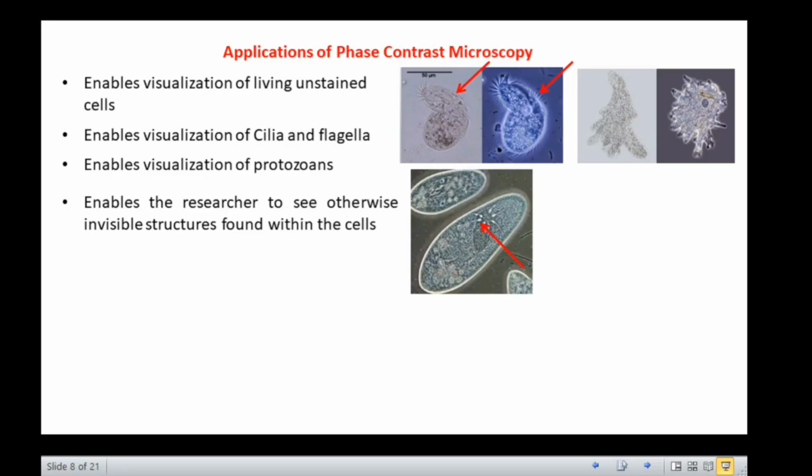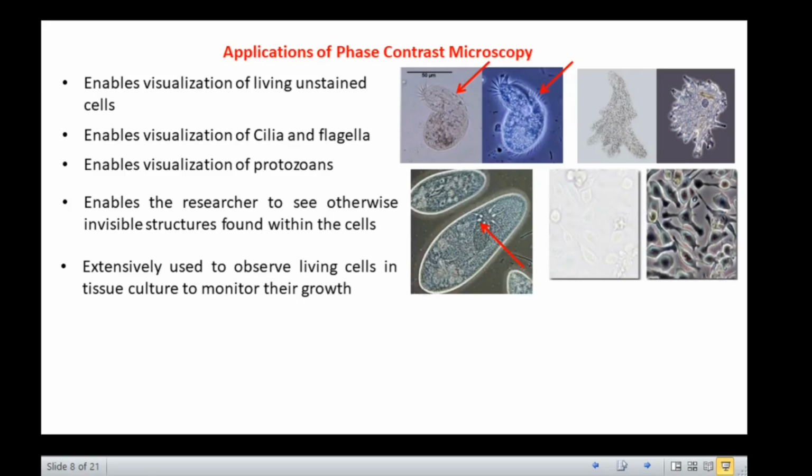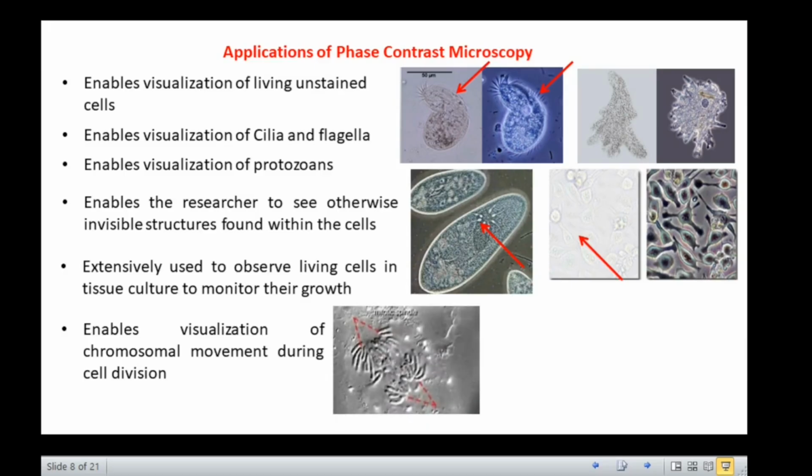Phase contrast microscopy is extensively used to observe living cells in tissue culture to monitor their growth. These cells are not very clear in bright field as you can see here. Phase contrast microscopy enables visualization of chromosomal movement during cell division.